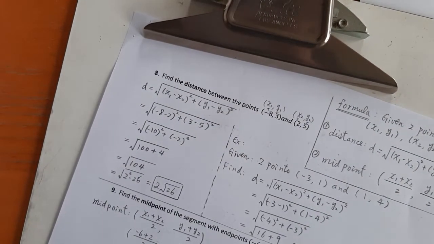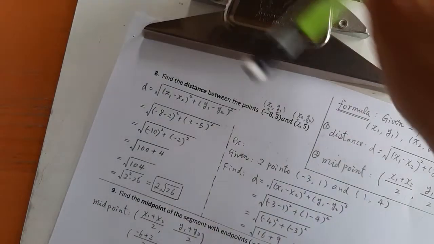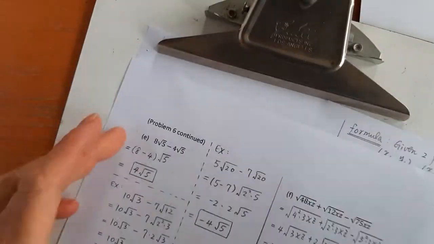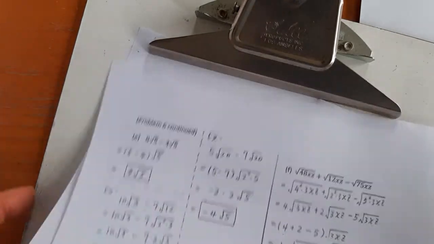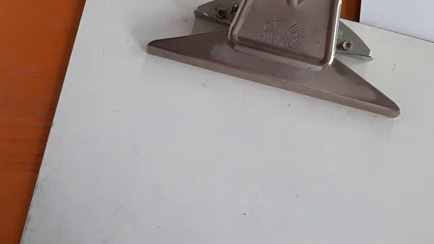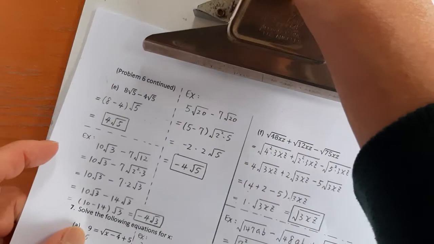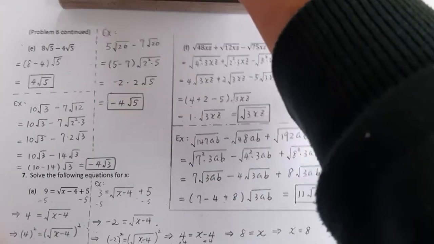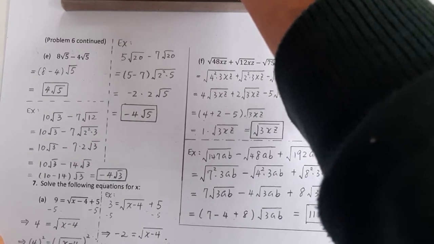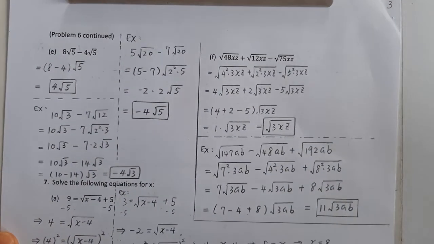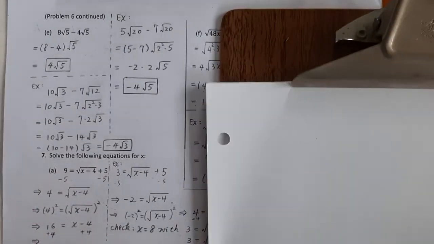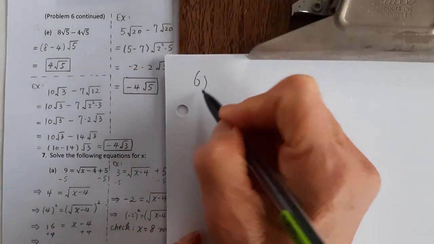Then next one. Next question, question 6e. Do the radical operations, addition, subtraction. So here do subtractions. So this is 6e.